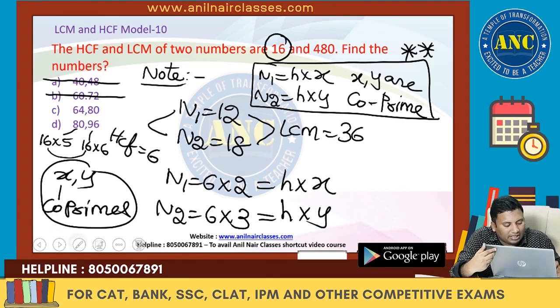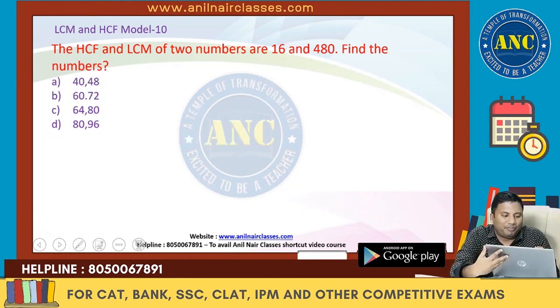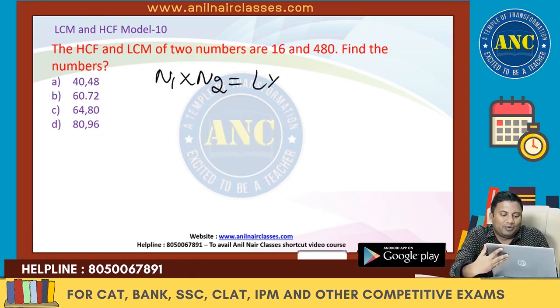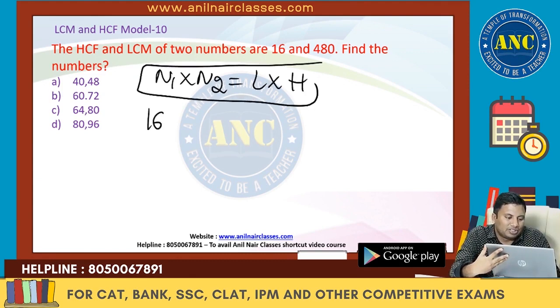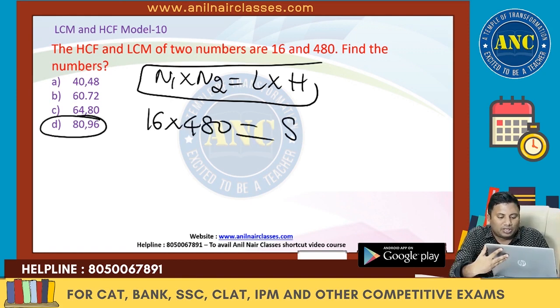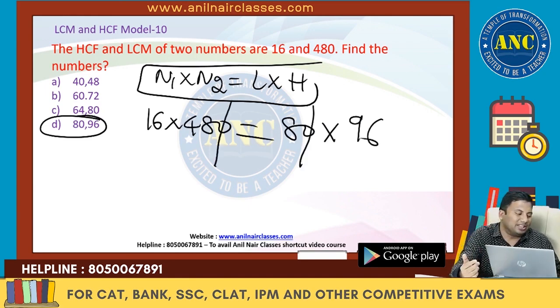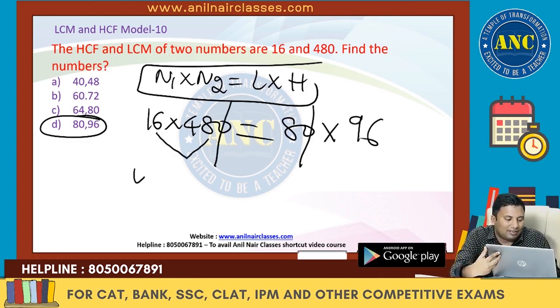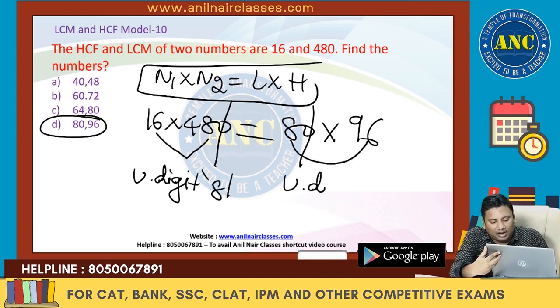Very important key points. If you are so bad in mathematics, I cannot do anything. N1 into N2 is LCM into HCF. 16 into 480: if I pick the fourth option, 80 into 96, can't I eliminate this 0? What is 6 8s? 48.